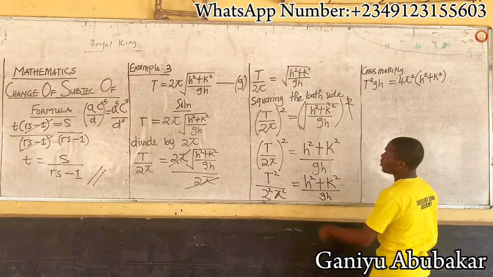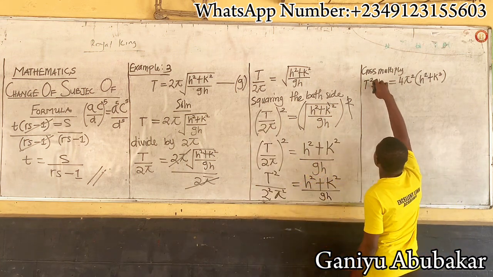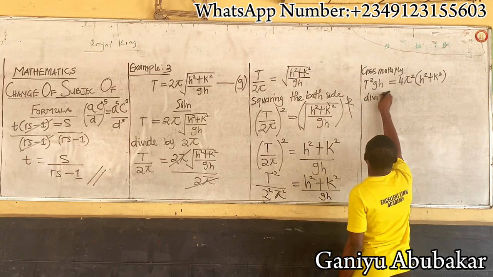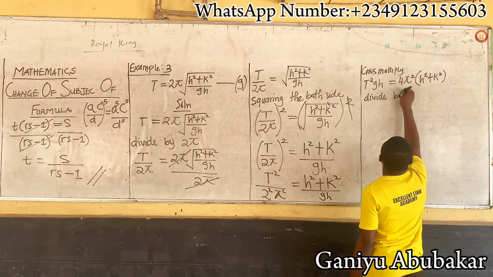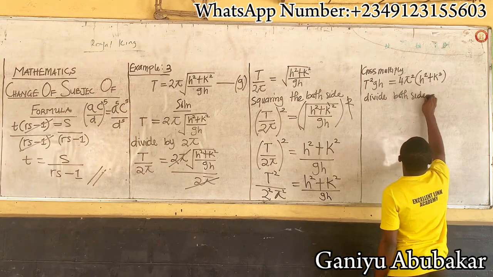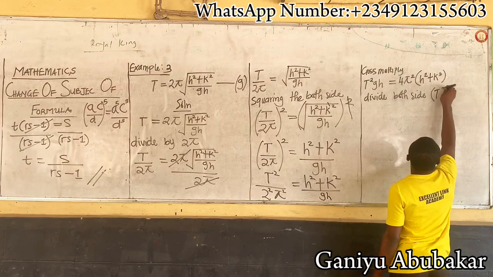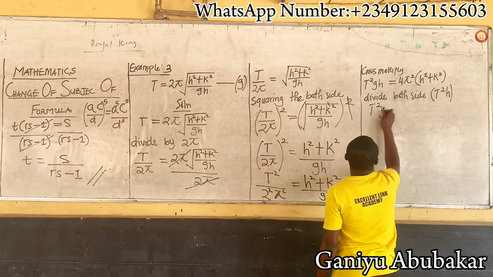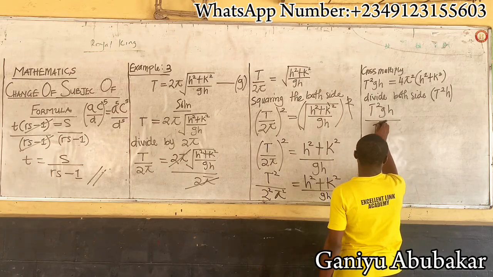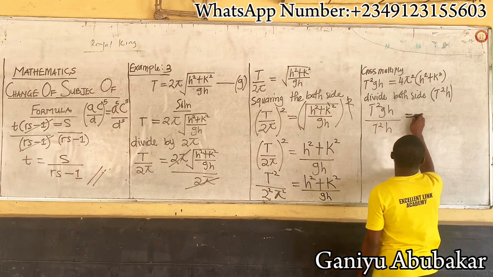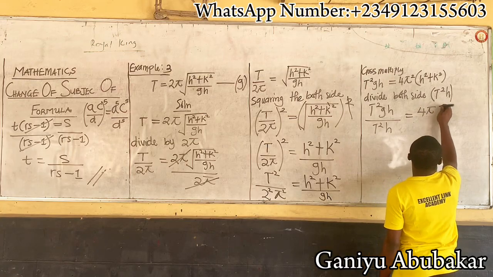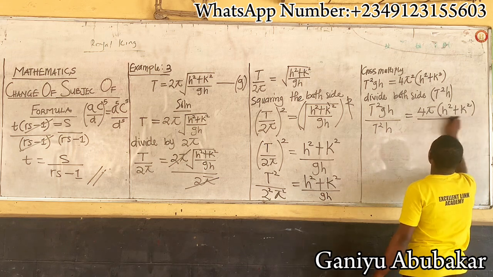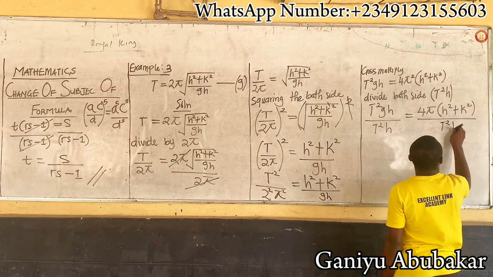I want to make g stand alone, and I can see g here. I'll try to eliminate t squared h. So I'll divide both sides by what? By t squared h. So I'll have t squared gh over t squared h equal to 4 pi squared into h squared plus k squared, all over what there? t squared h.